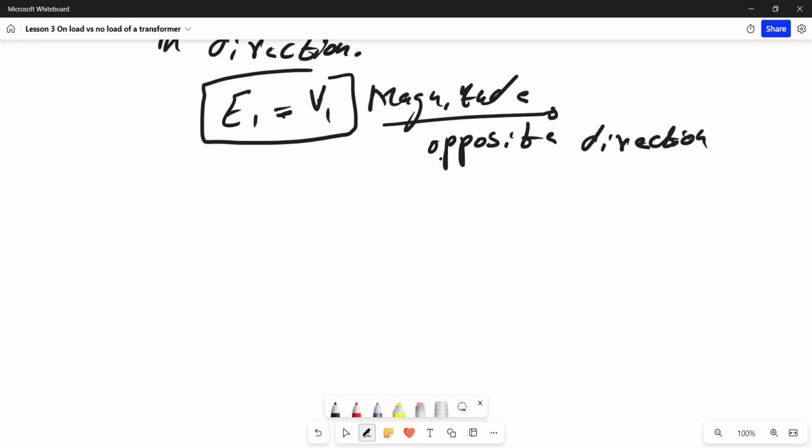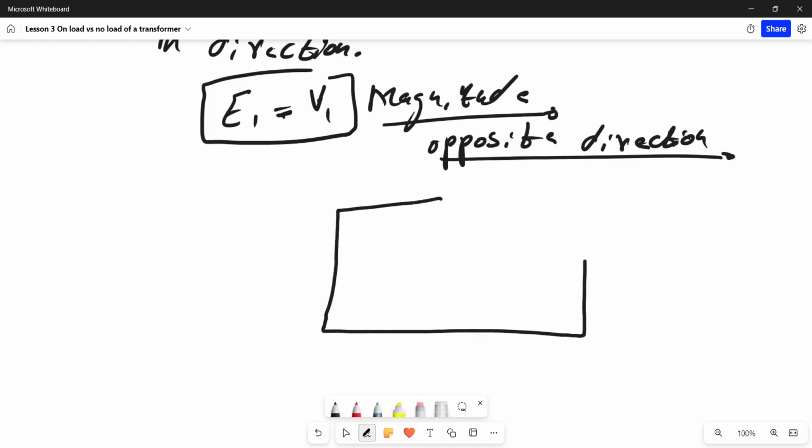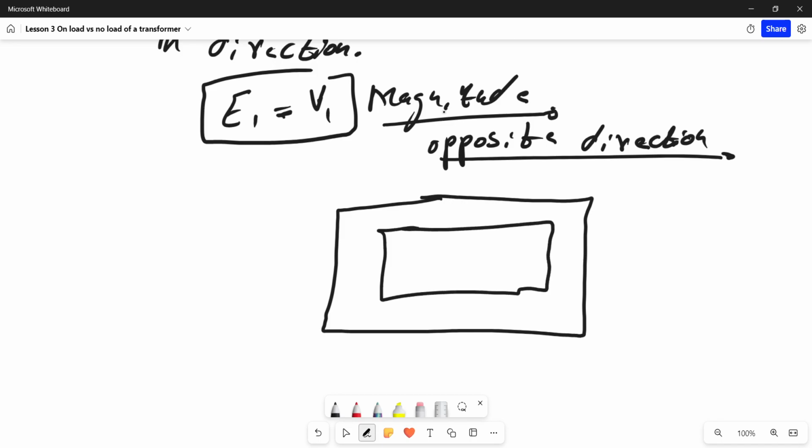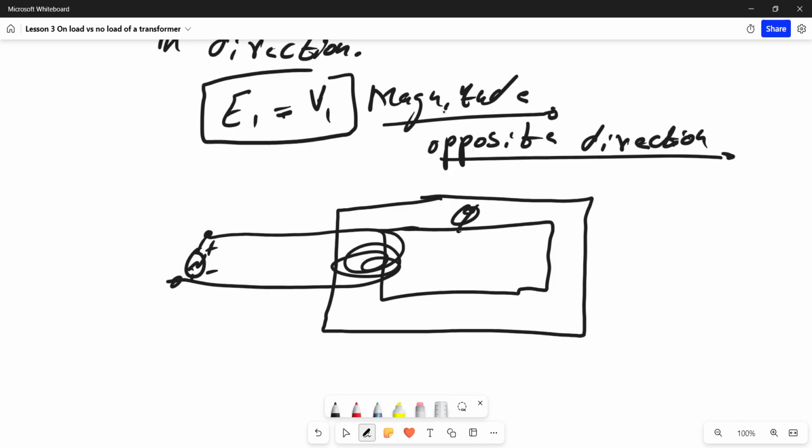Okay, opposite direction. They're opposite in direction. Okay, that is the principle of operation of a transformer.